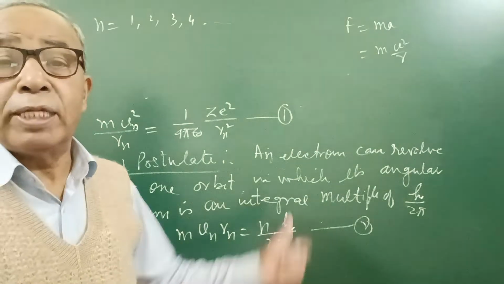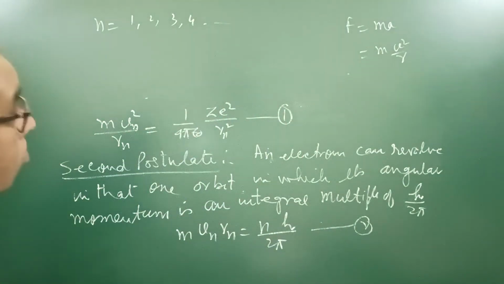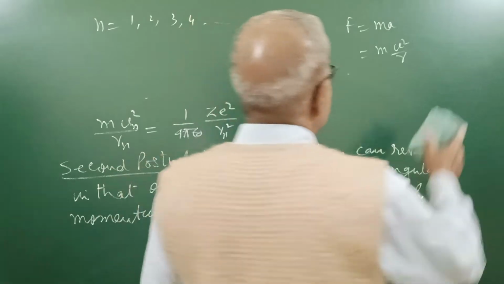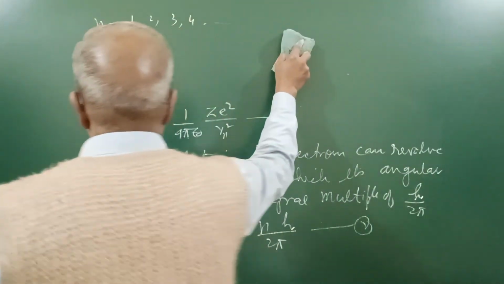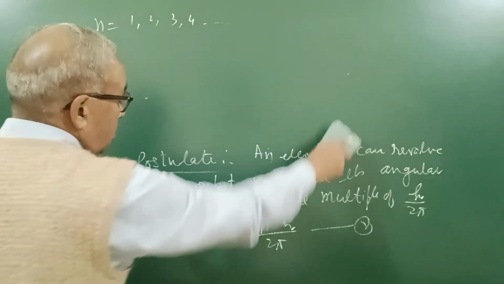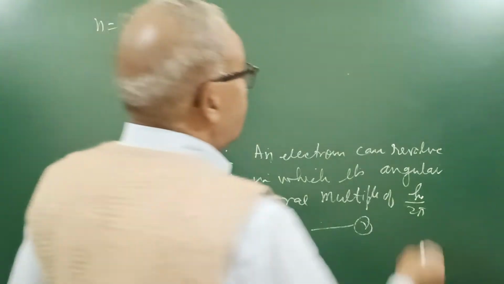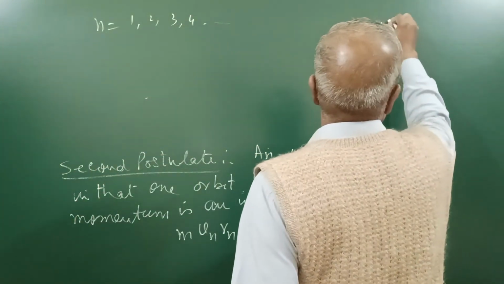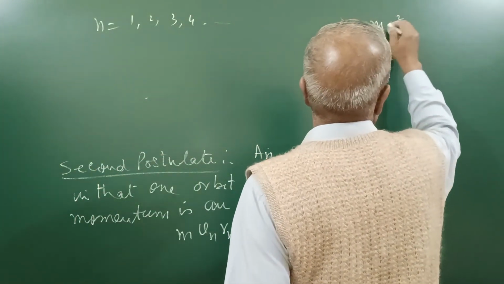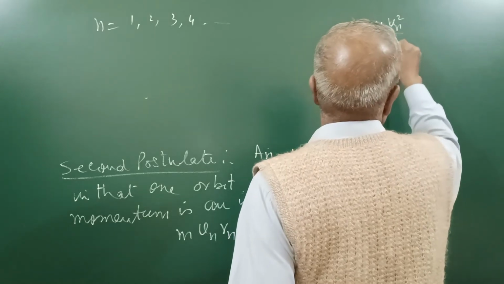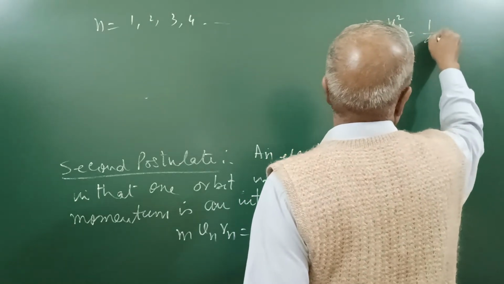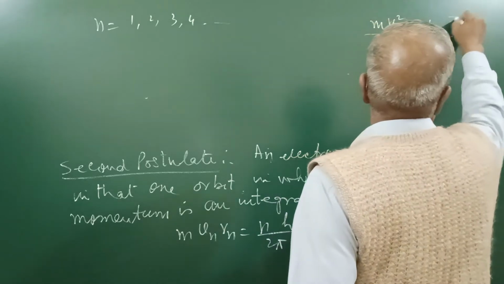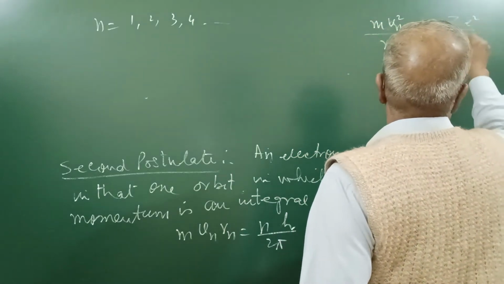And later on this n became the principal quantum number. So the first equation: mvn square upon Rn is equal to 1 upon 4 pi epsilon 0 Z square upon Rn square.